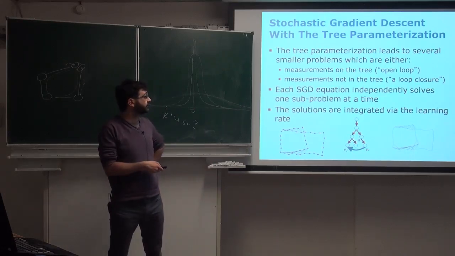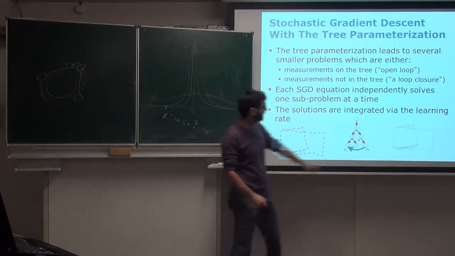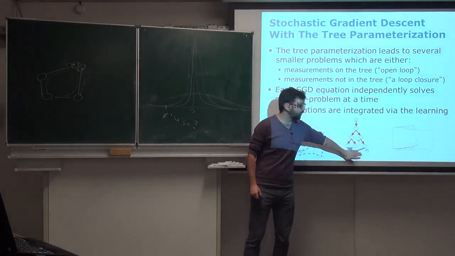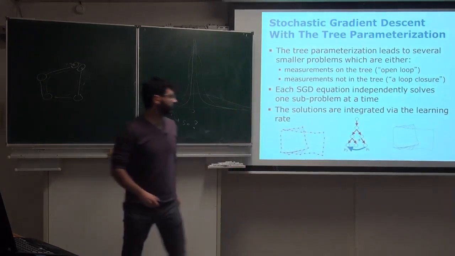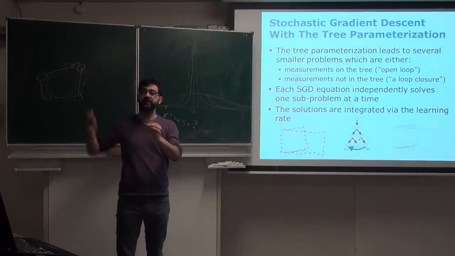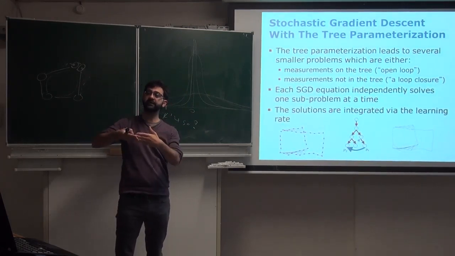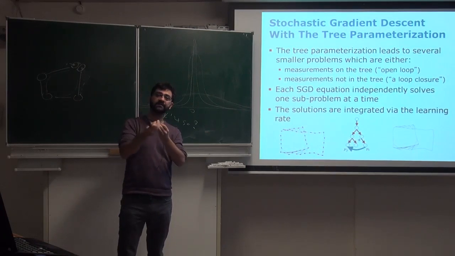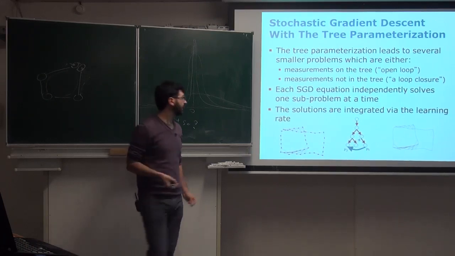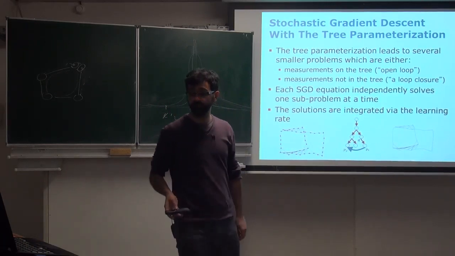Each stochastic gradient descent equation solves one problem at a time, because every time we take one open loop measurement. We take one, solve it, take the second, solve it, take the third, solve it. Once we took all of them, we adjust the learning rate so that the update is less than the one at the step before. That is, all in all, the approach there.